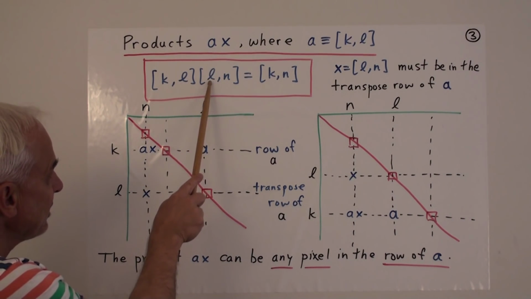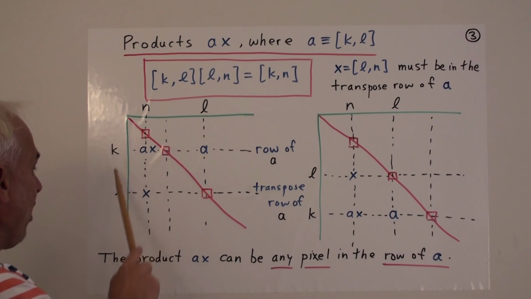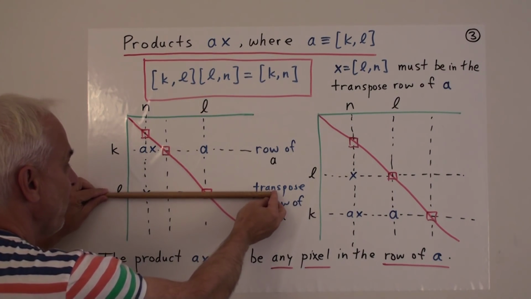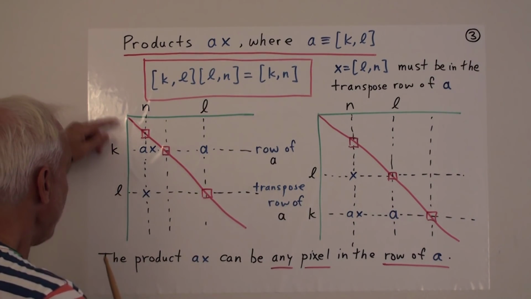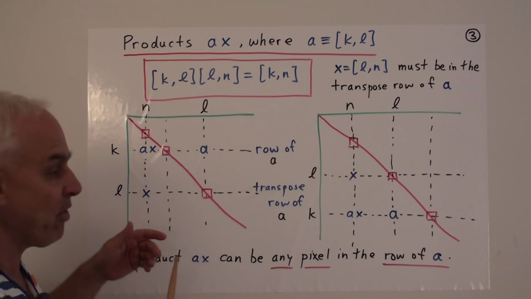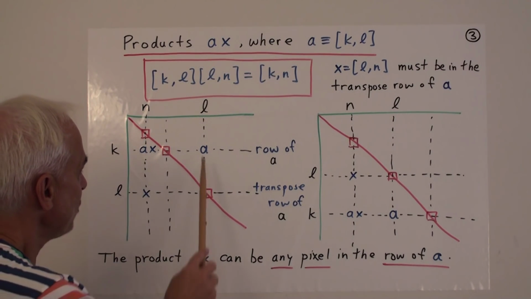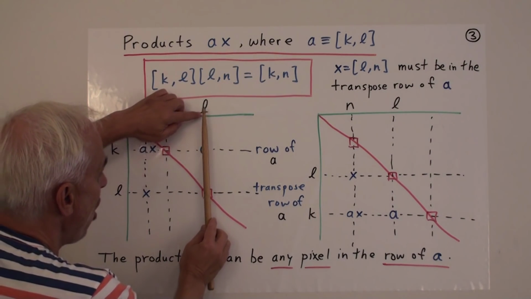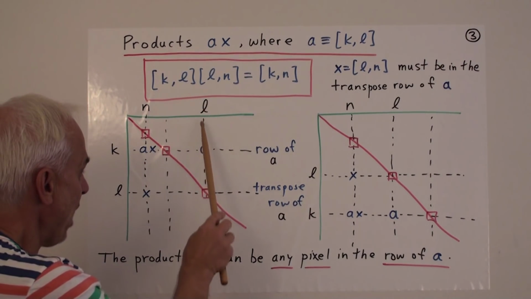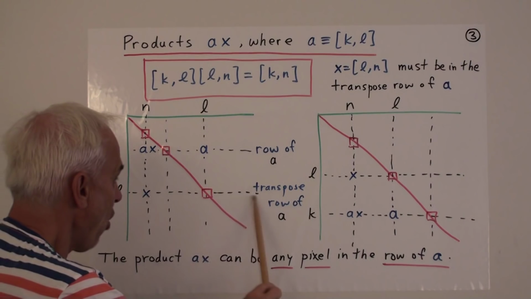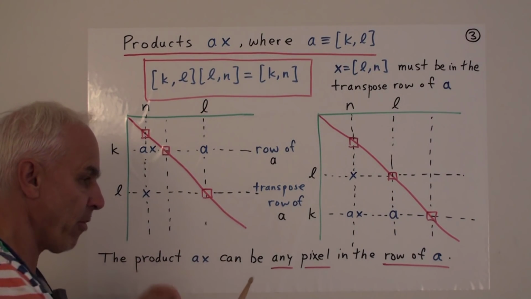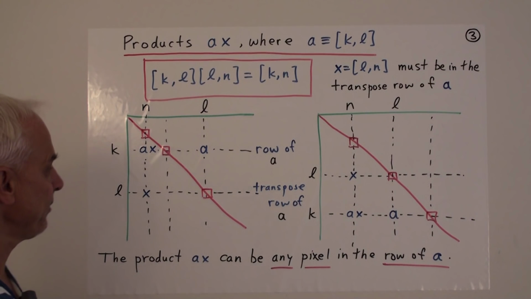Well, it means that its first entry is L. That's saying that it's actually in this row somewhere, the row indexed by L, which is just the transpose row of A. So if we take the column of A, which is indexed by L, and go down to the diagonal, then this row will also be indexed by L, because everything on the diagonal is of the form LL or MM.